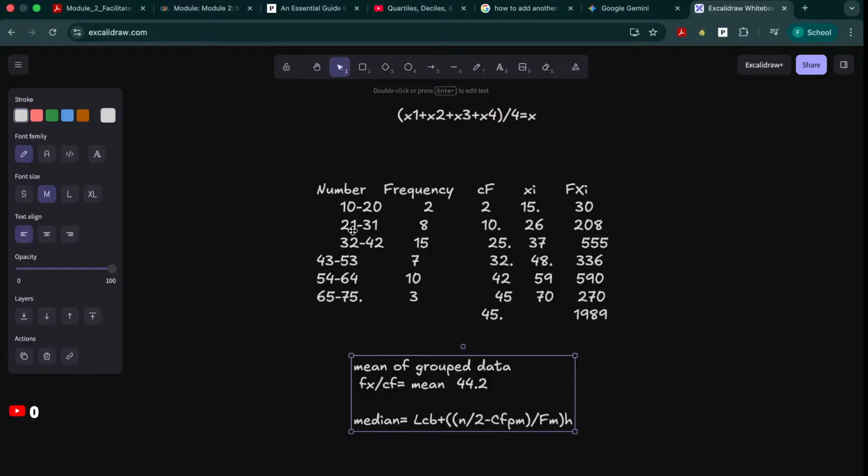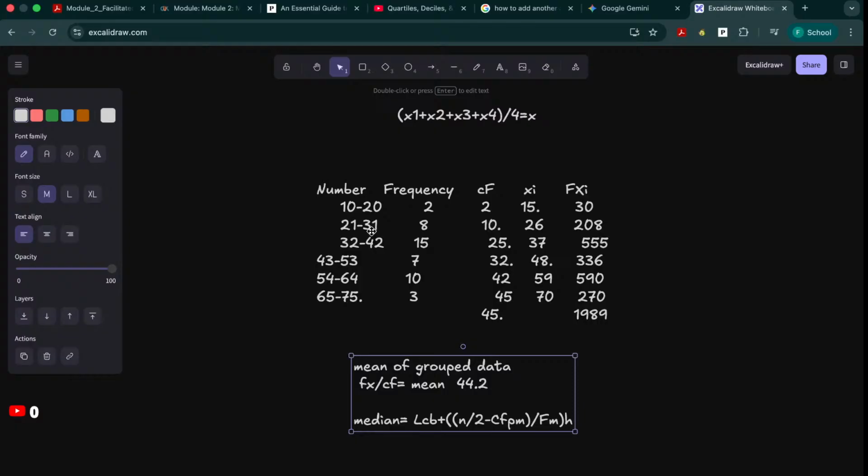You can see our classes, the boundary follows an order. Like if you come from 10 to 20, we have an order, 20 to 21, there is a gap. So you are supposed to know the gap between the two classes. That is what we will be using to calculate.